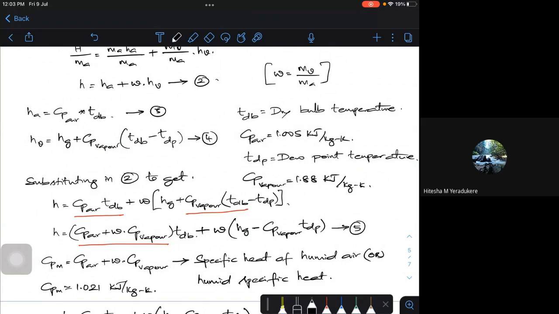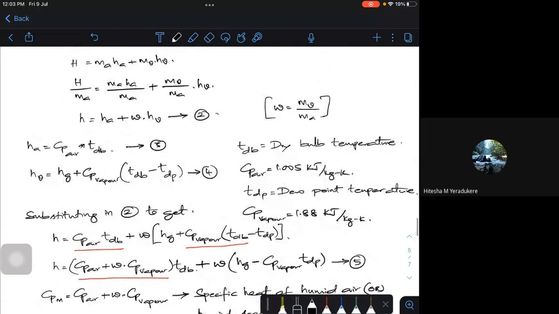If I take it with respect to simply dry bulb temperature as the reference, and take the reference state of enthalpy for any saturated liquid with a latent heat of 2500 kilojoules per kg, that is the latent heat for any atmospheric condition, then this whole equation will simply be simplified.